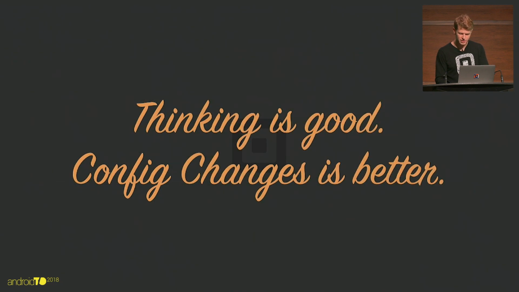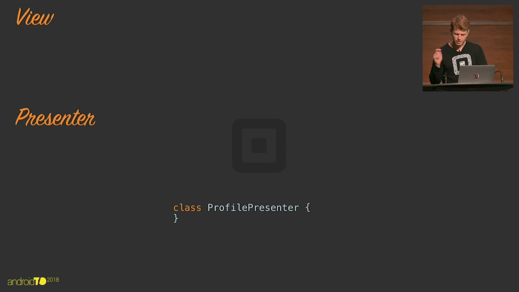But config changes is also something we have to deal with. And the difficulty is that if the presenter or view model has a lifecycle longer than the view, the stream inside the presenter cannot be bound, cannot start from the view. Because every time there is a rotation, for instance, the view gets destroyed.